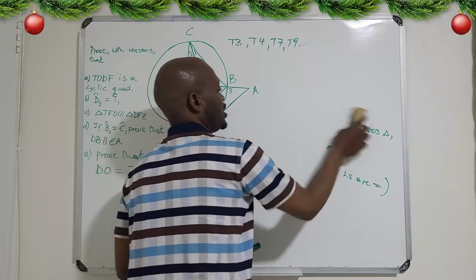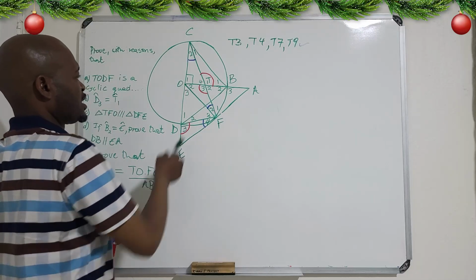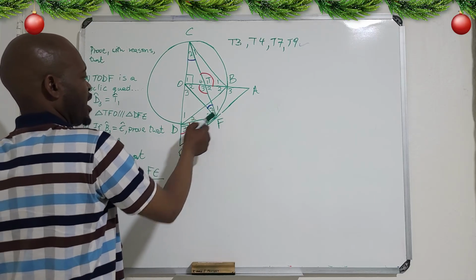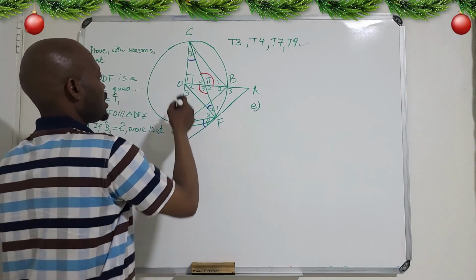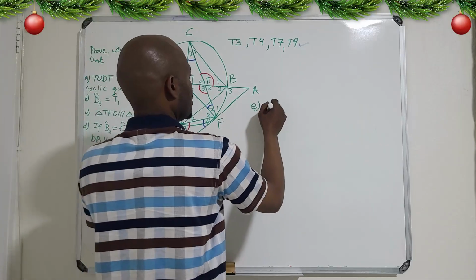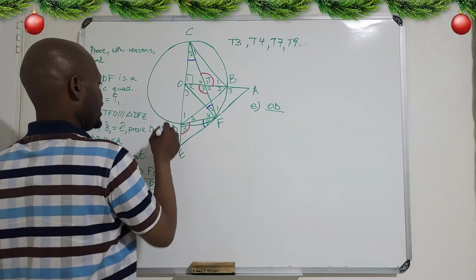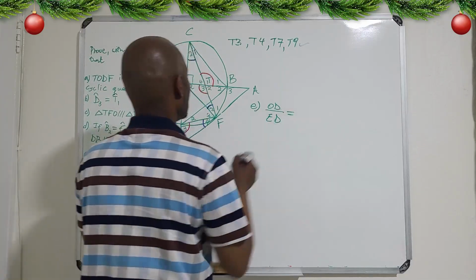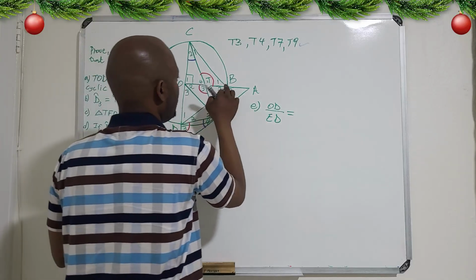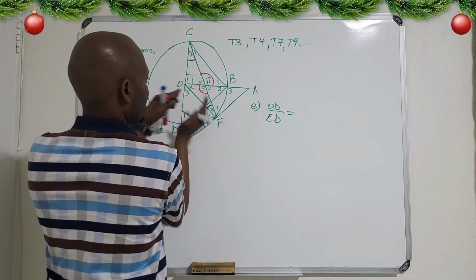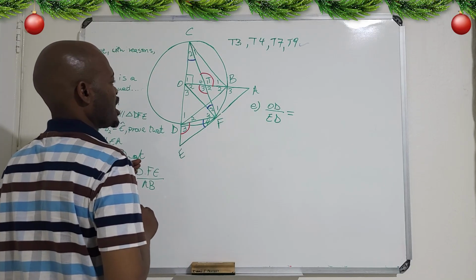Let me remove here. Now, we have just proved that this is parallel to that, E. Since these two are parallel, these two sides are divided in the same proportion or in the same ratio.